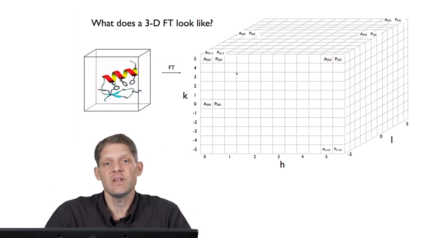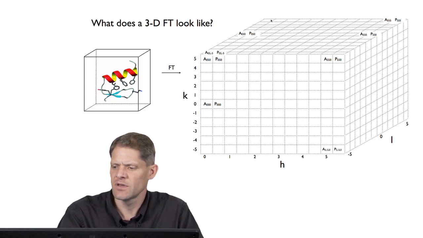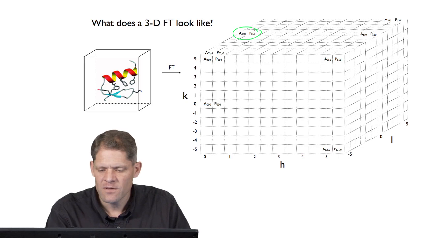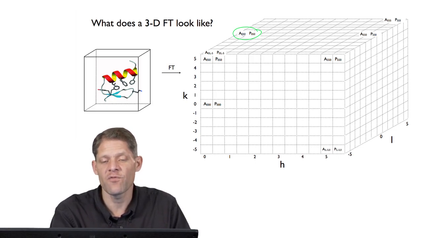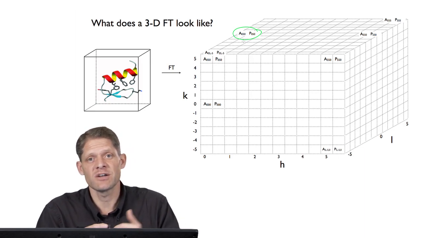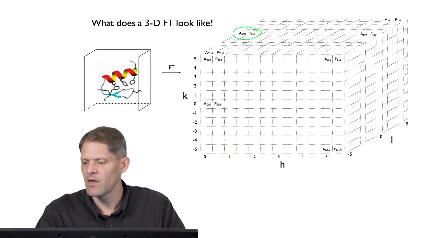In the case of a 3D Fourier transform, there's another dimension of values. So for instance now, these 2 pixels represent the amplitude and phase of a 0, 5, 0 wave that has 5 oscillations across the box in y and 0 in x and z.